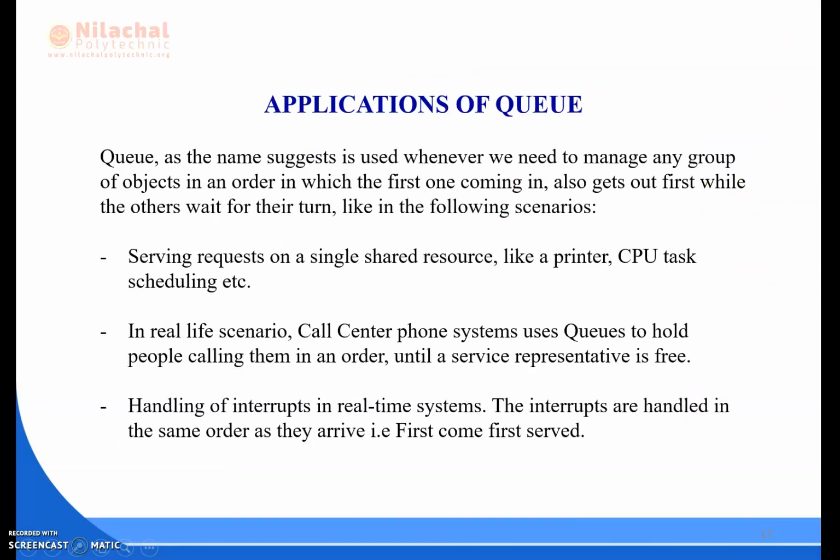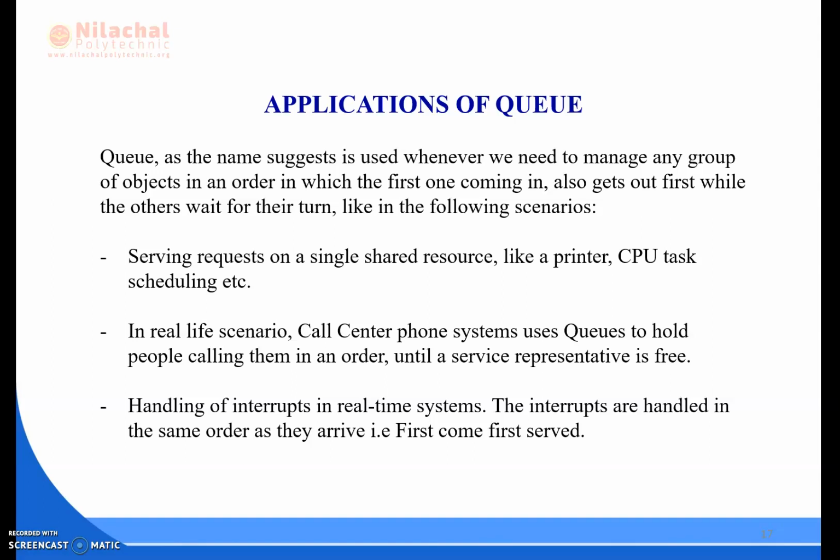Here we will see some applications of queue. Queue, as the name suggests, is used whenever we need to manage a group of objects in an order in which the first one coming in also gets out first while the others wait for their turn, like the following scenarios.